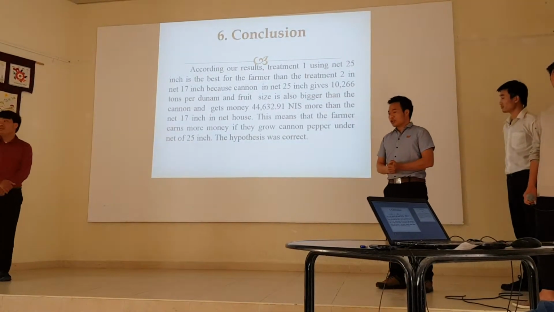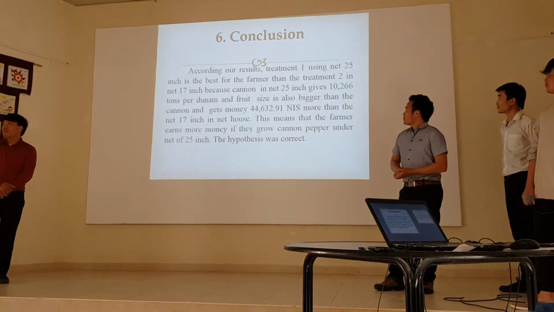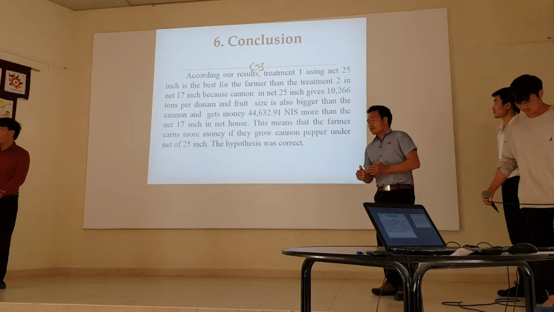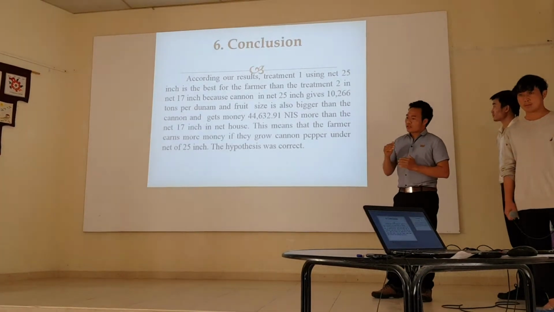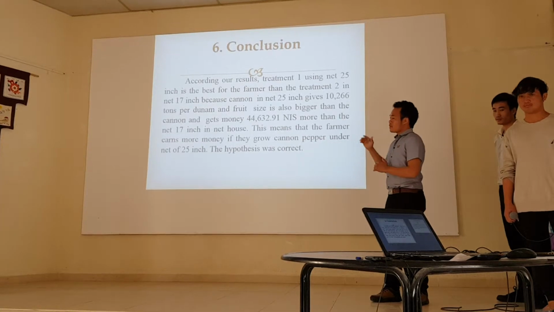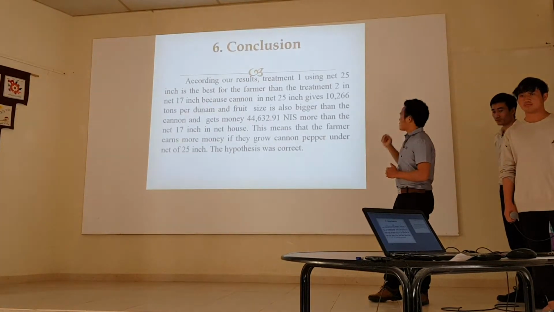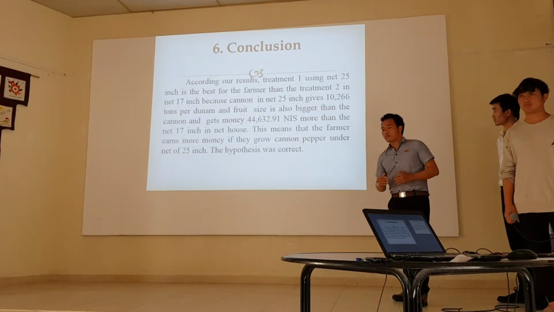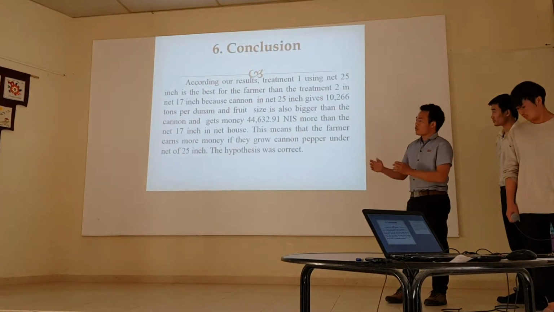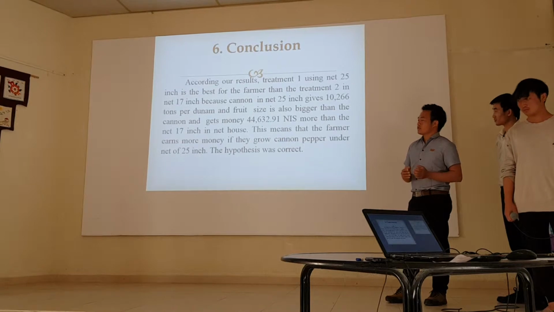This is the conclusion. According to the analysis, the treatment one, the net 25 inch, gets the most yield. It's worth 10.266 tons per dunam. And the pepper in net 25 inch is also bigger than in the net 17 inch.